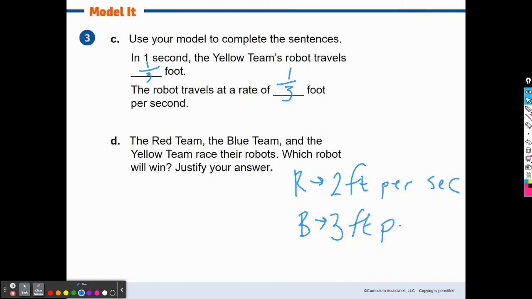Really struggling with remembering that one. Pretty sure that's what it was. All right, and then we have our yellow team still on this page with us, right? 1/3 of a foot per second. So whose robot is traveling faster? Well, we can see that the blue team's robot is traveling faster. So the blue team's robot is probably going to win in a race, right?